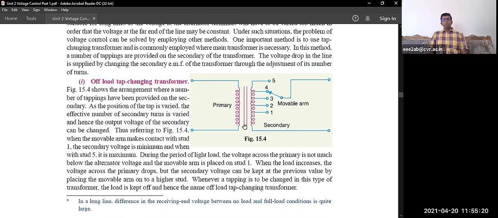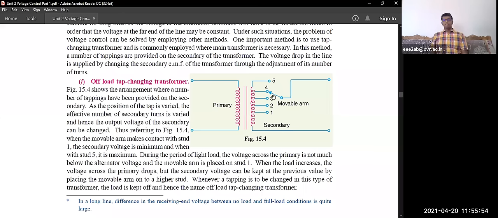If you see this off-load tap changing transformer, this is the primary winding, this is the secondary winding. In the secondary winding, you have a number of tappings. This is the arrangement where a number of tappings have been provided on the secondary side. As the position of the tap is varied, the effective number of secondary turns also gets varied, and hence the output voltage of the transformer can be changed.